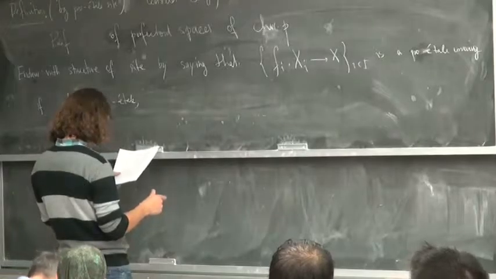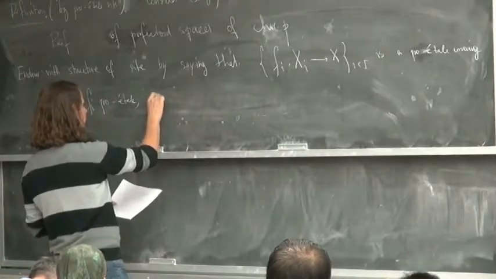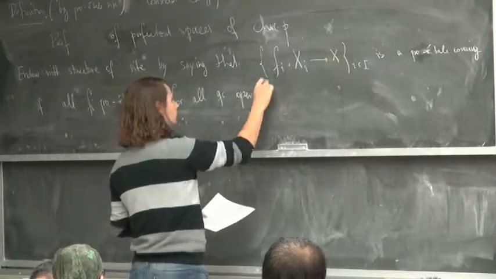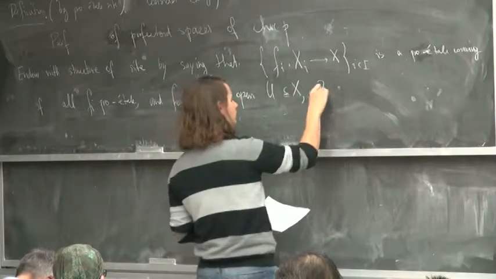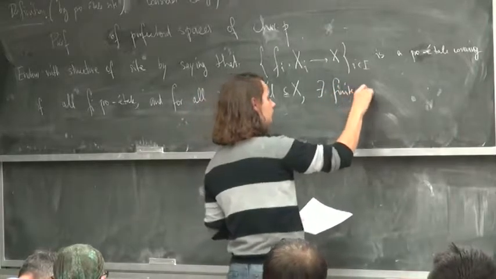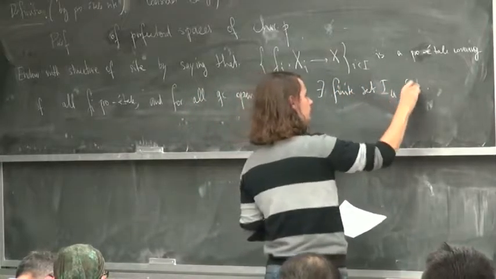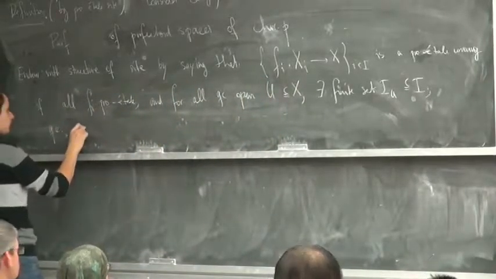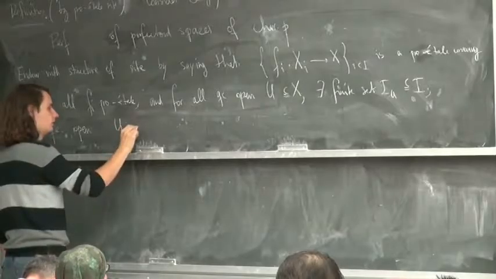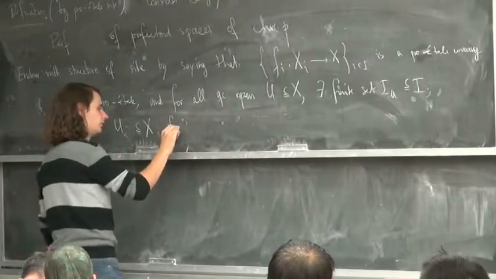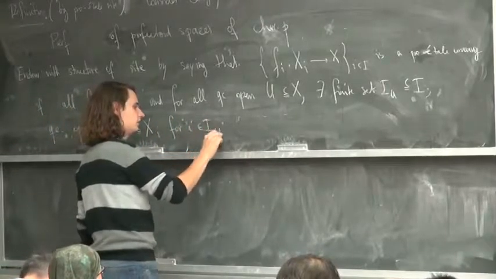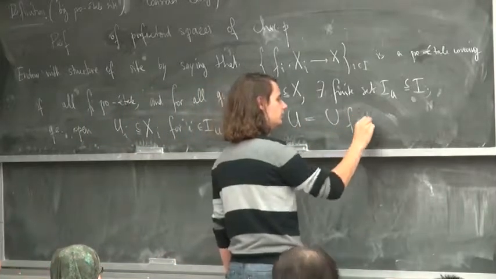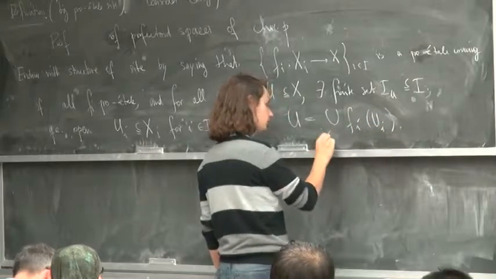So, for all quasi-compact open U in X, there exists a finite subset of the index set, and quasi-compact opens U_i of X_i just in this finite index set, such that U is covered by the images of the U_i over this index.